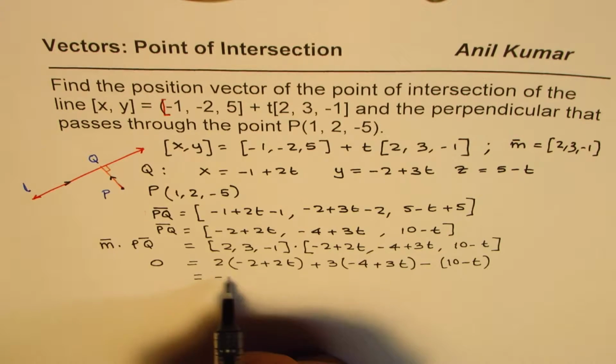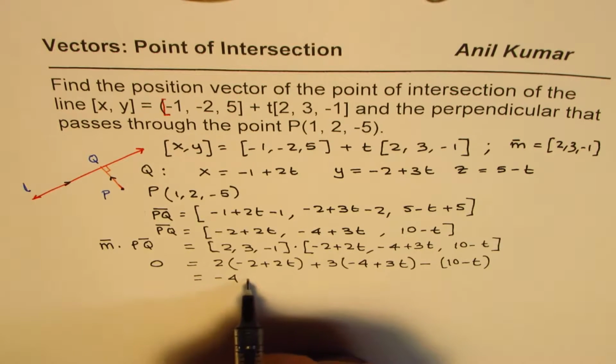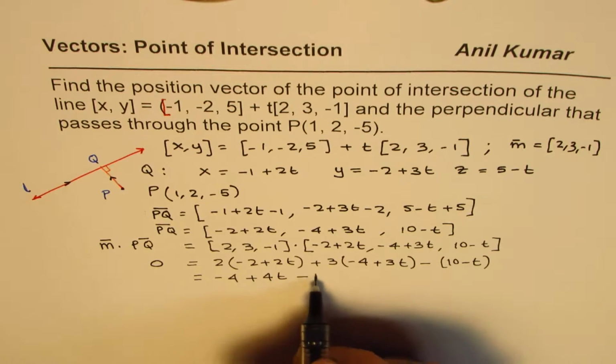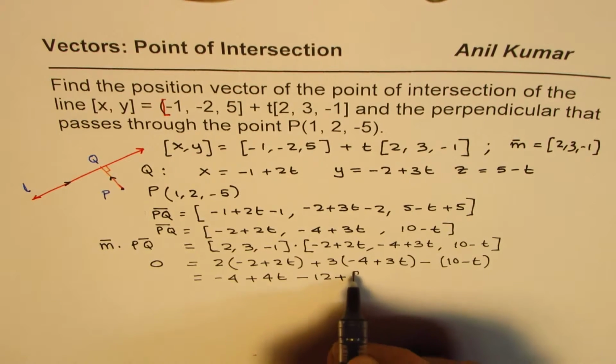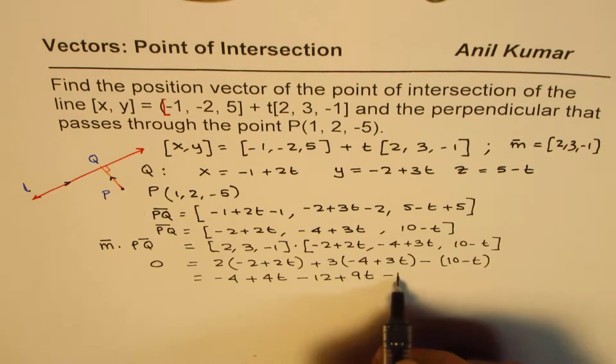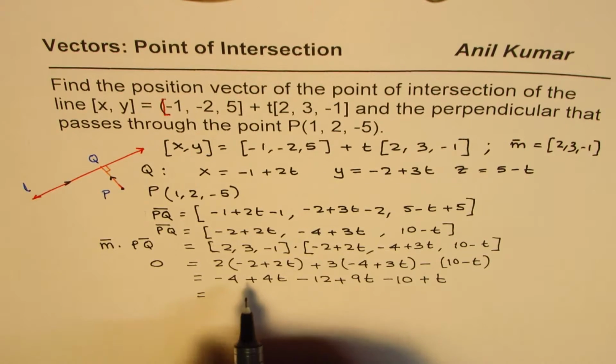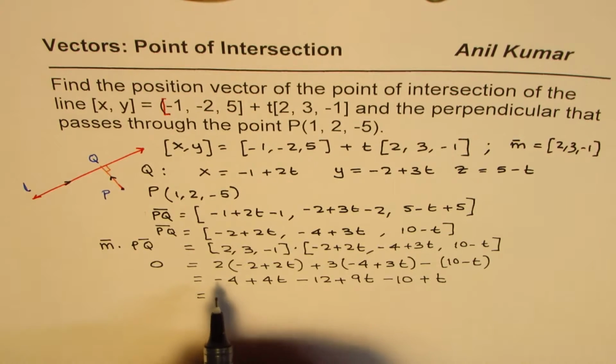Let's open the brackets and simplify: minus 4 plus 4t, here we get minus 12 plus 9t, minus 10 plus t, right? And then we can combine the terms.